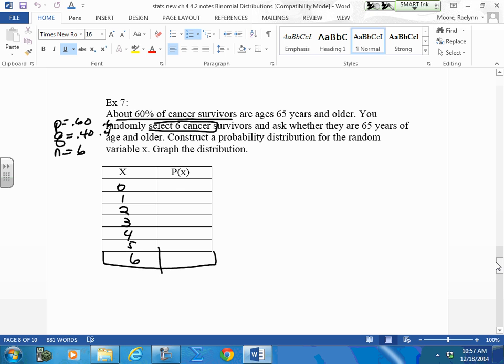We do it the same way, binomial PDF, so I'm just going to write the probabilities out here. The book has them done as well. My goal for this one is to graph, not to calculate, because we know how to do these.